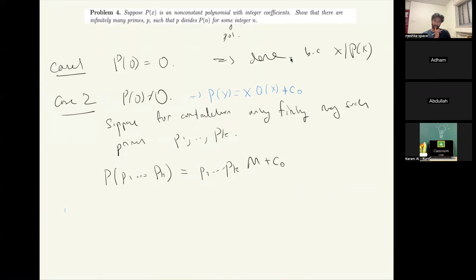Are you saying I should take the common divisor? No, I'm considering now the case that b1 up to bk divides c sub 0. Okay, so let's take a subcase now. Case 2.1: p1 through pk divides c0.